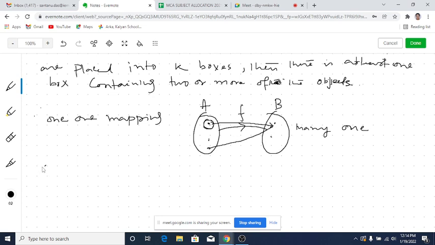So here by using the pigeonhole principle, we could check whether a given function is a one-one function or not. How? Let us consider one problem.